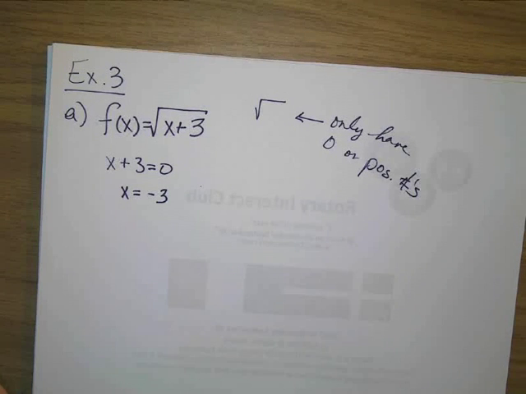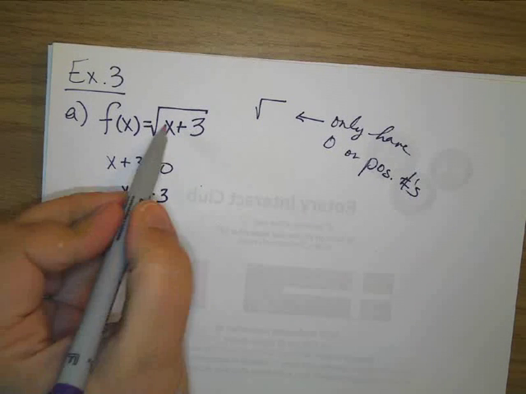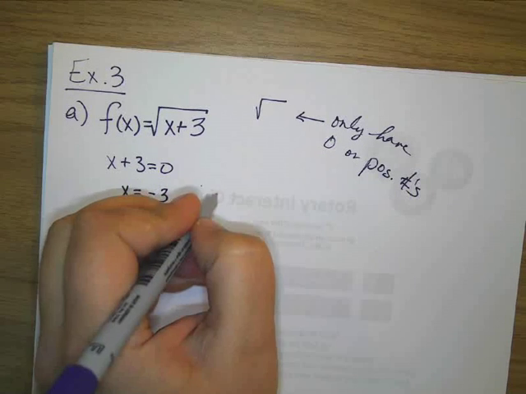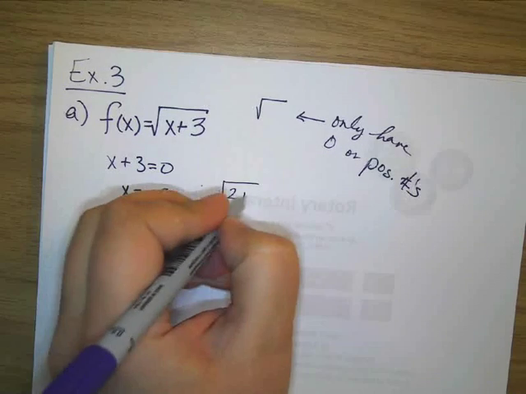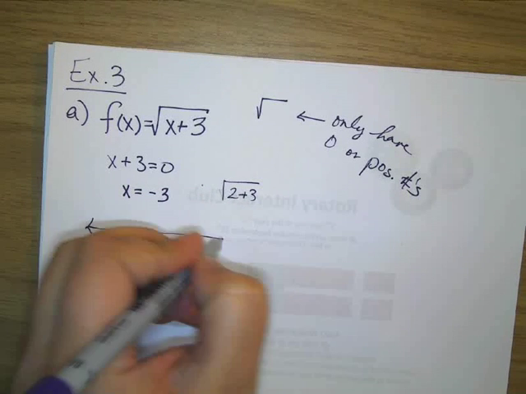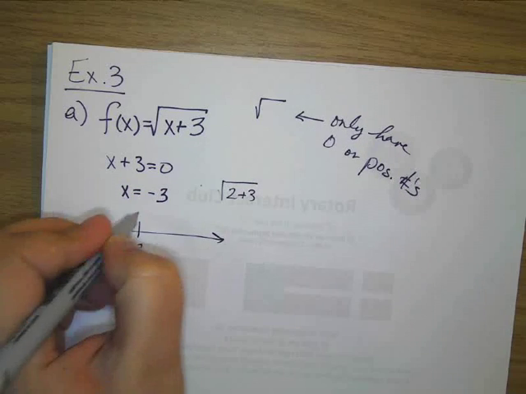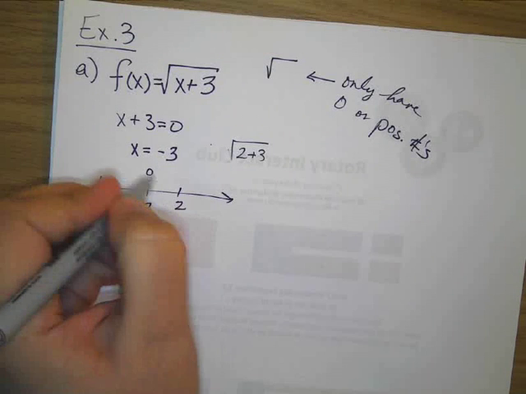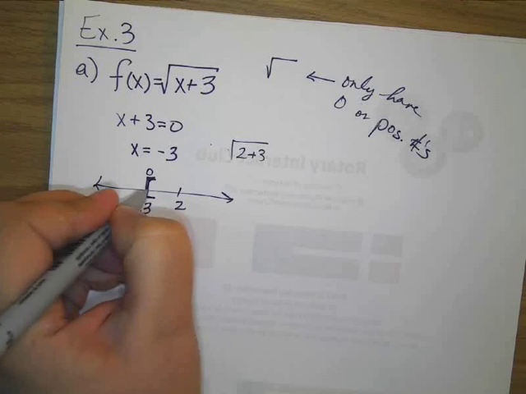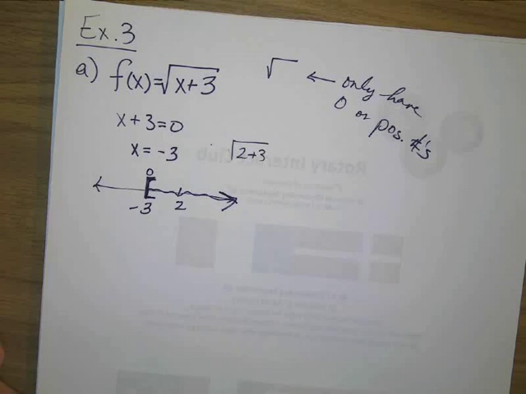May, give me a number that's not -3. Any x value you want to use. 2? Okay. If we let x be 2, that'd be 2 plus 3. Is that allowed? Yes. So this is my 0, and we just picked 2, and that one was okay. So our domain is going to be -3 and bigger.